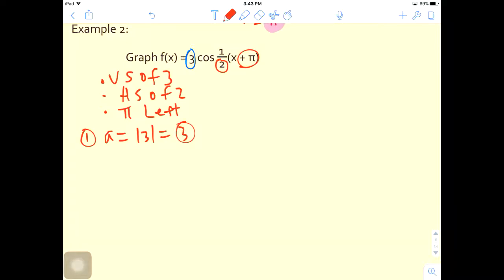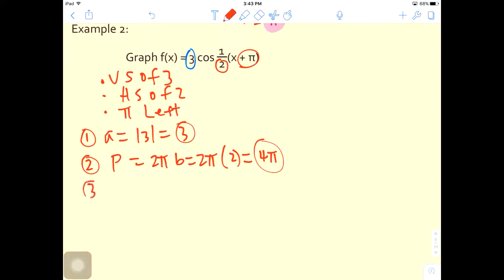And by the way, for the amplitude, you don't really need to take the absolute value unless it's a negative in front, like if it's negative 3. So we just do it anyway. It doesn't really matter. So the period equals 2 pi times b, which means it's 2 pi times 2, which gives us 4 pi. So the period is 4 pi.